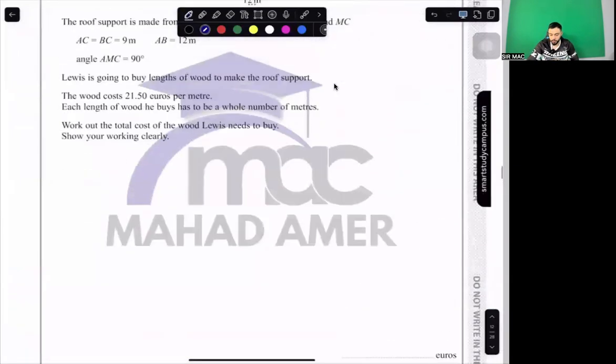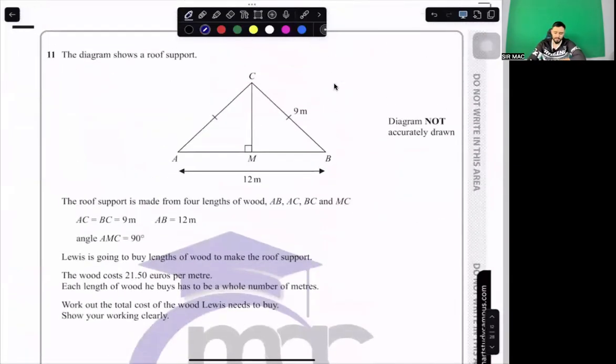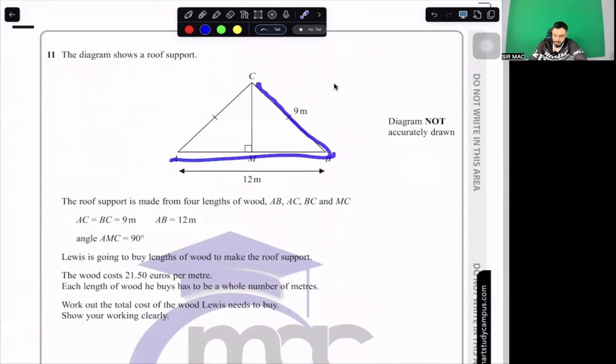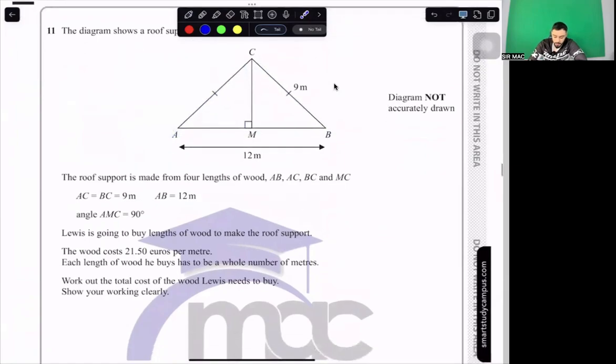That looks like a good question for marker. This says that the diagram shows a roof support. The roof support is made of four lengths: AB, AC, BC, MC. AC and BC are both equal, that's 9.